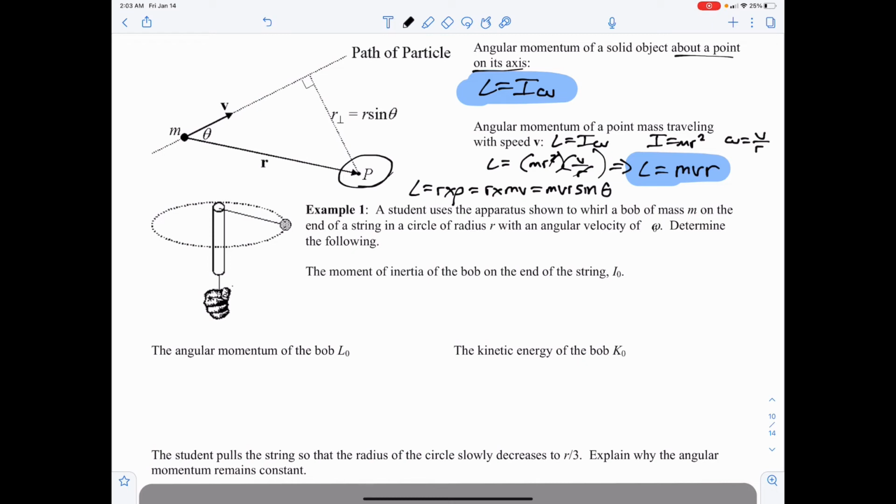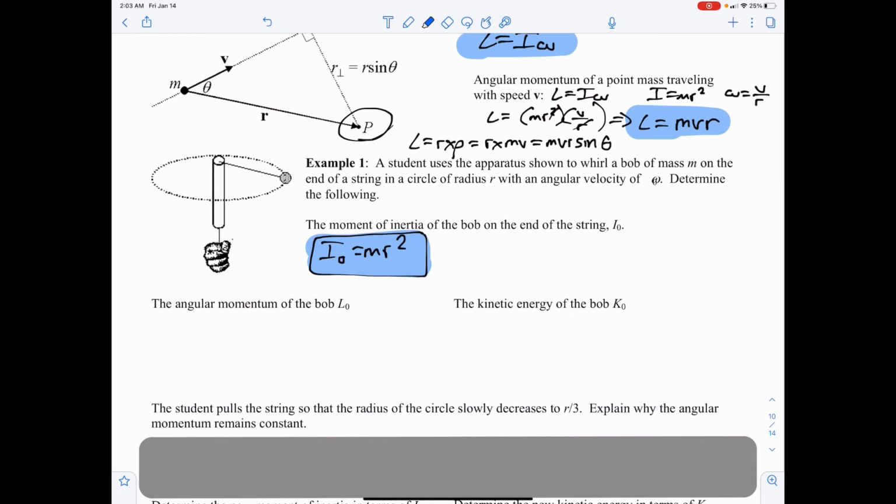Well, the bob at the end of the string represents a particle moving around some fixed point, which means I naught is equal to mr squared. What's the angular momentum of the bob?